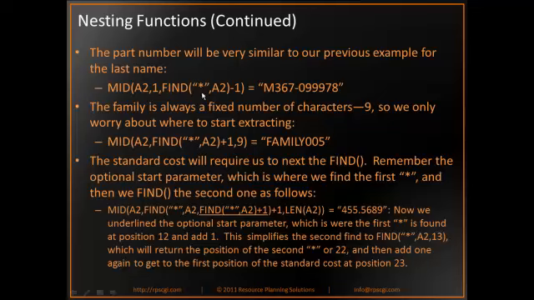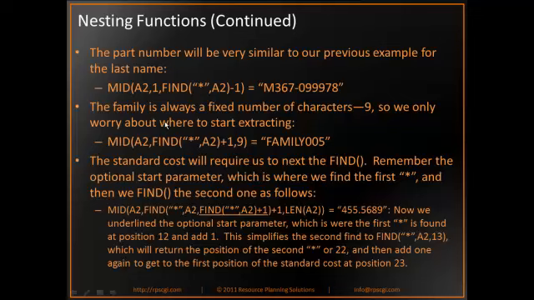We need to find where the first asterisk is going to be, which is right here after the 8 in the character string, if you remember what that looked like. And then we have to subtract 1, just like we did in the last name, to back up 1 character so that we don't get the asterisk, because that's not what we want. We don't want the asterisk returned with the part number, because it's not really part of the part number. So this should look pretty familiar. It's just like the last name example.